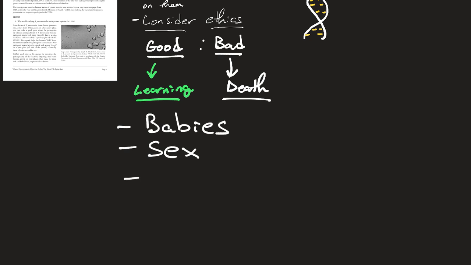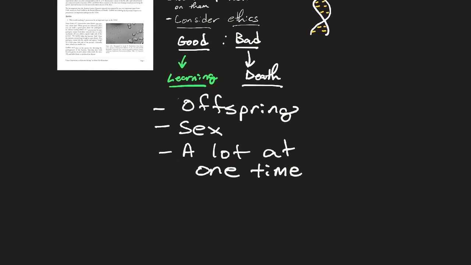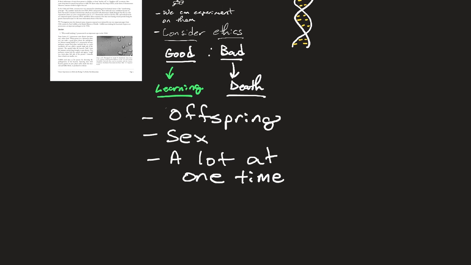They make a lot of babies at one time. I should not say babies. They're offspring. Most people call them babies, it's such a loose word nowadays, but they're offspring. A lot at one time.